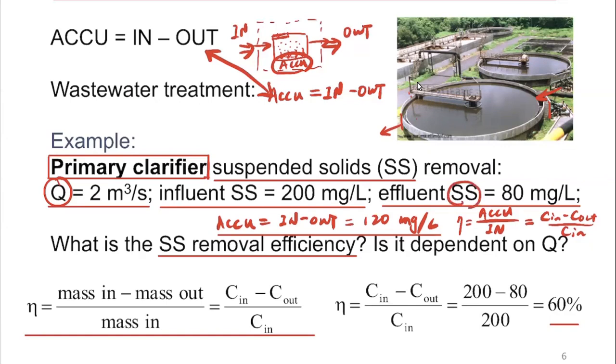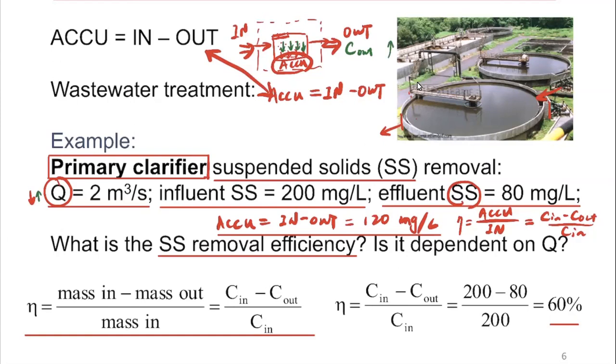If you have a very low flow rate, you have a longer time for these particles to settle down, and that reduces the concentration at the outlet. But if you have a very high flow rate, the time for the suspended solids to stay in the primary clarifier is shorter, and that increases the concentration of SS at the outlet.